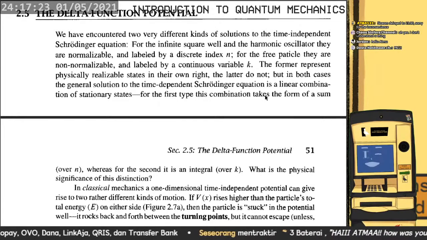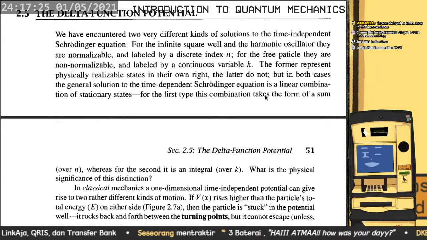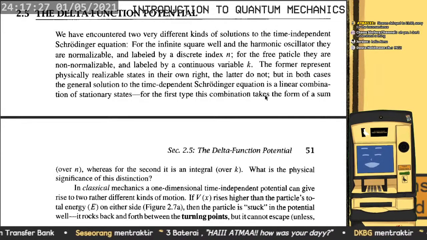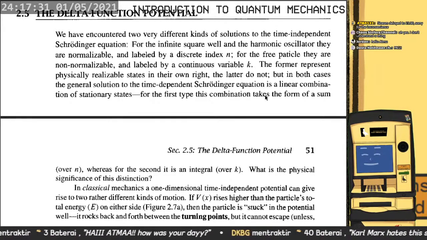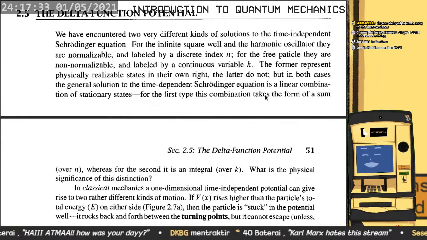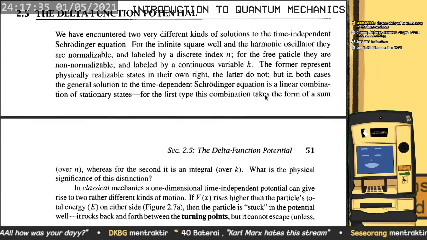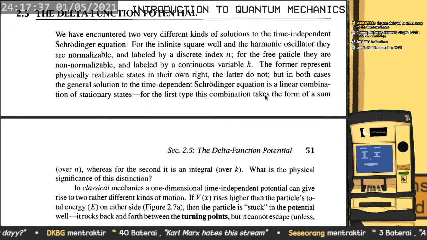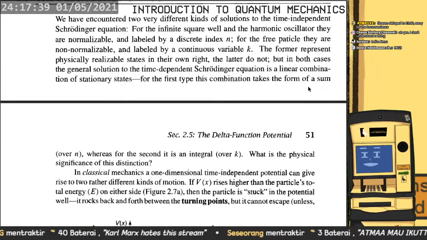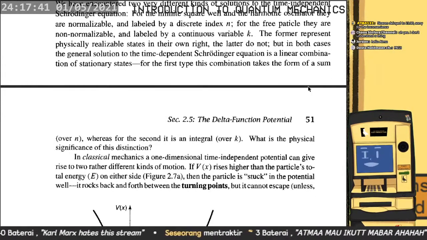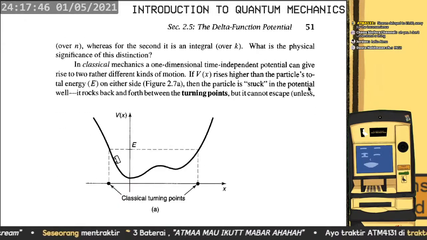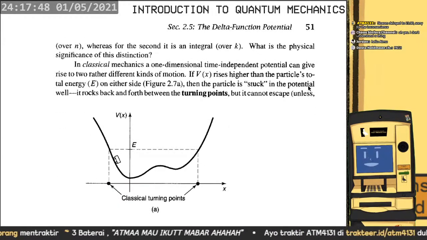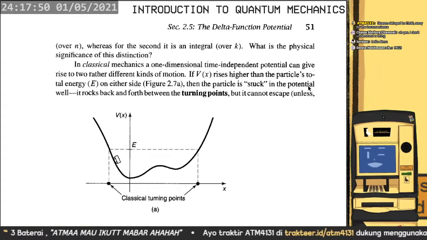The former represents physically realizable states in their own right, the latter do not. But in both cases, the general solution to the time-dependent Schrodinger equation is a linear combination of stationary states. For the first type, this combination takes the form of a sum over n, whereas the second is an integral over k. What is the physical significance of this distinction?